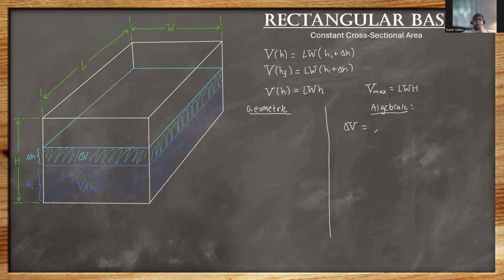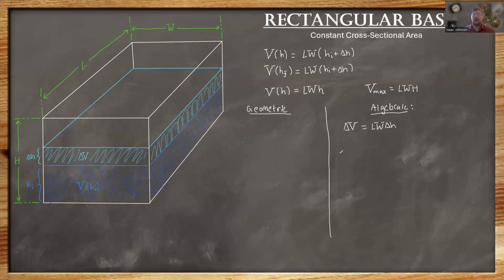So delta V would be equal to length times width times delta little h. Yeah. I like that. That was a quick way to get there.